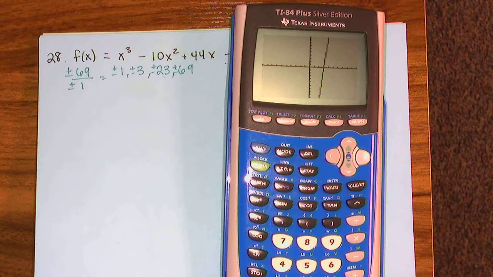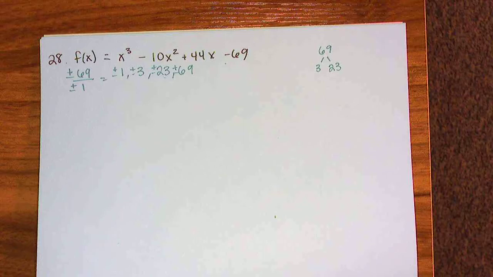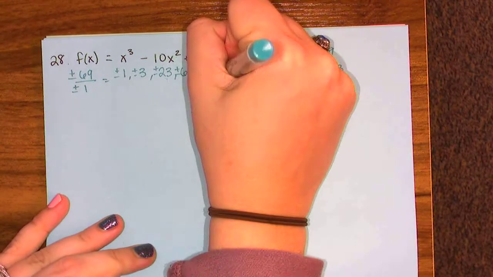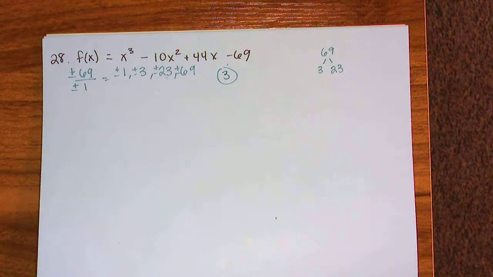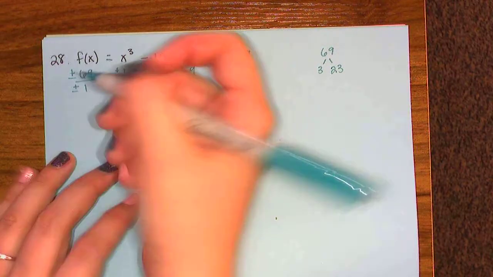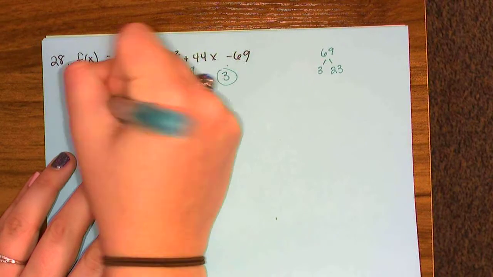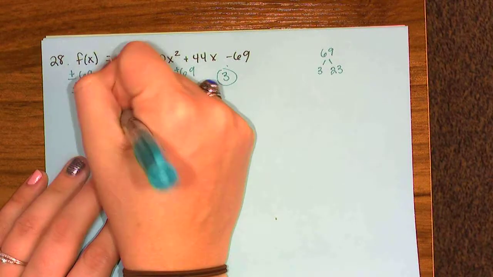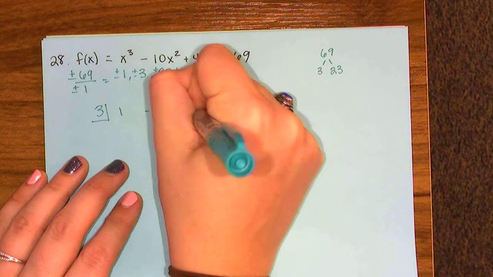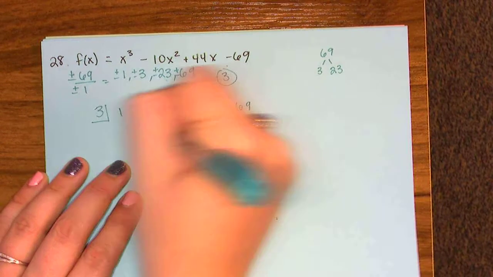Okay, 3 looks like a possibility, so we're going to check 3. How do we check 3? What do we do to check it? Synthetically divide it, so 3, and then we write down all the numbers, so 1, negative 10, 44, negative 69.